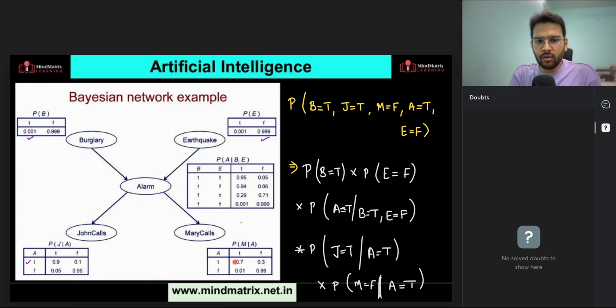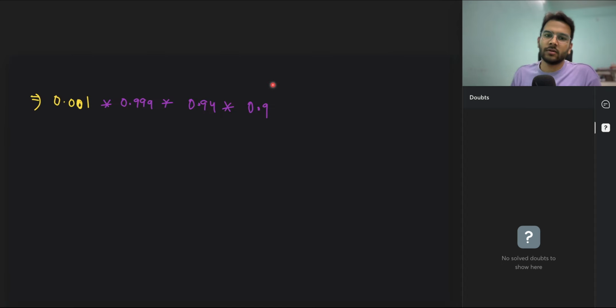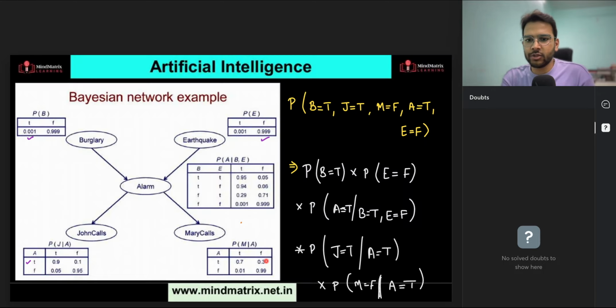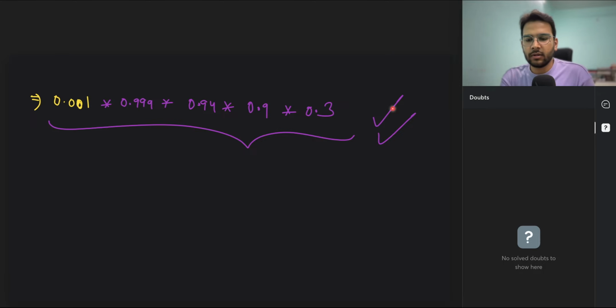So A is true and Mary has not called, that means 0.3. So into 0.3. This will give you the final answer. Is this clear? I think Abhas, you have made one mistake. It should be 0.9 instead of 0.05. Any doubt, anyone in this? This should be the answer. Okay. Fine.